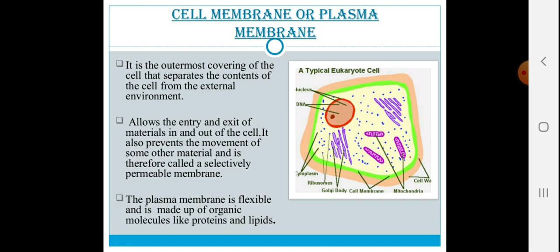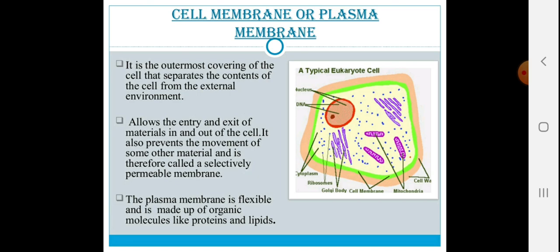Now, this is a very important question: why does the cell membrane act as a selectively permeable membrane? That means it allows specific types of material to enter inside the cell or exit outside the cell.